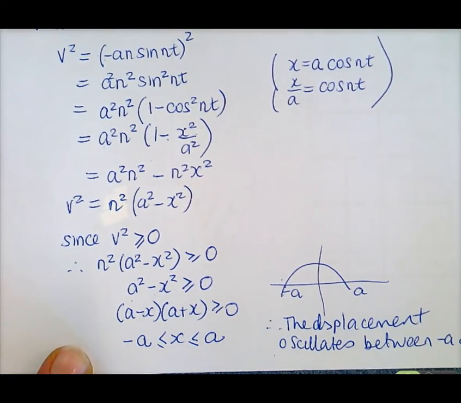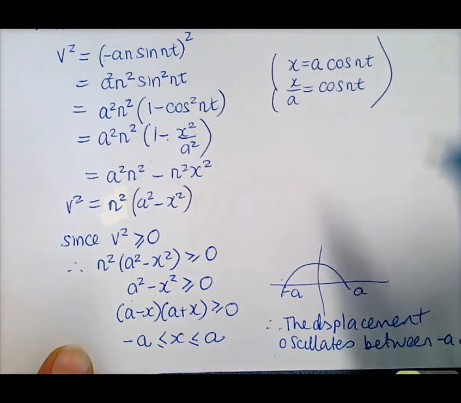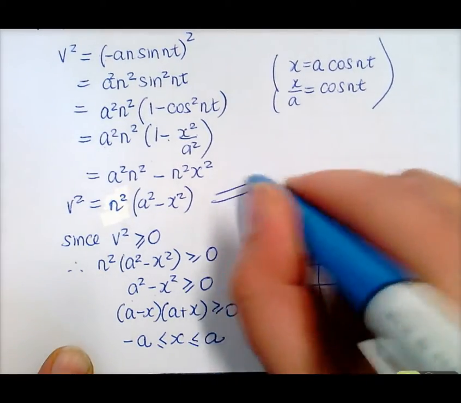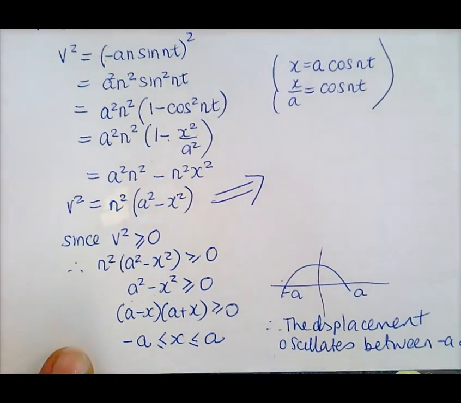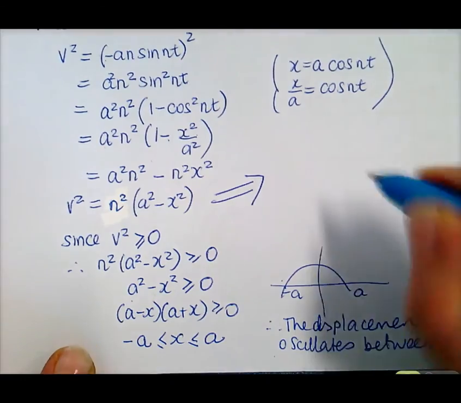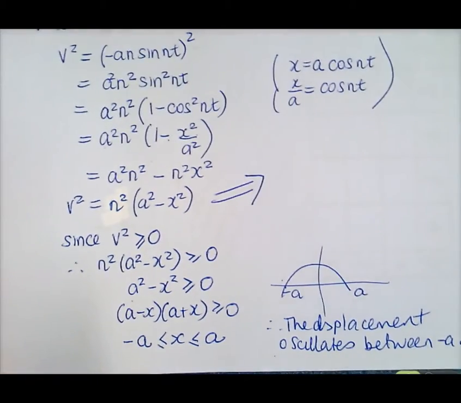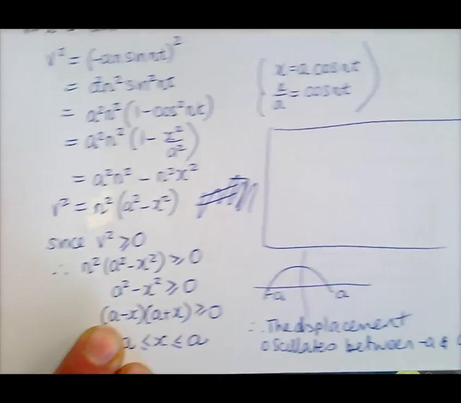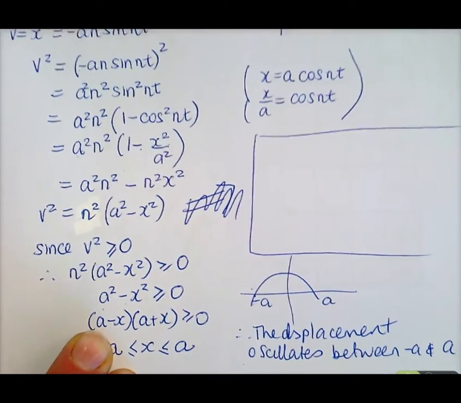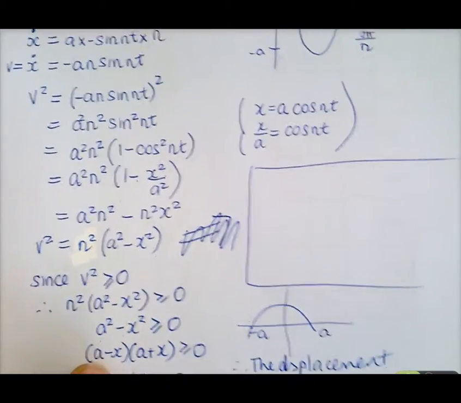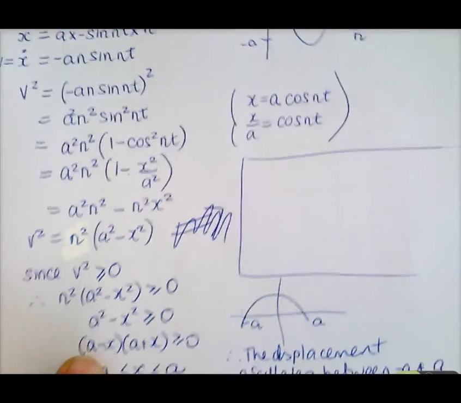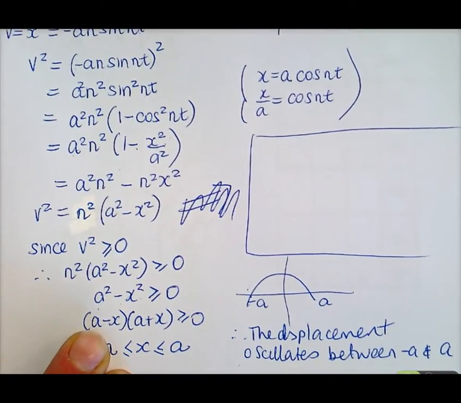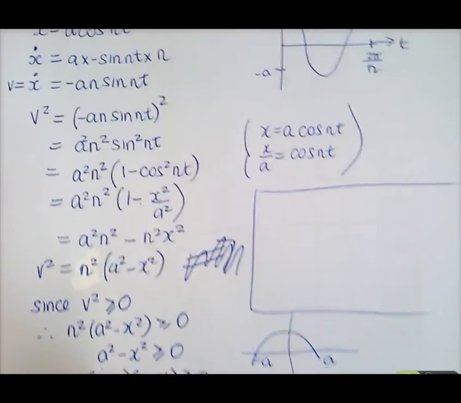Now, coming back from here, I'm just going to come across here for a sec, just in a little box here. Have you got that? So therefore the displacement oscillates between negative a and a. I've still not finished, okay? Now, have you got that? All right, let's just come back up here.